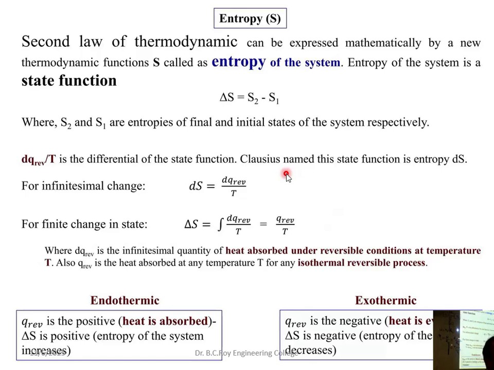Now what is the importance of this law? You can calculate the absolute entropy of a substance at any other temperature, because at 0 temperature it is 0. So at some other temperature, whatever entropy you are getting, one value is 0, so the other value will automatically be absolute. That way you can get it. But it is only possible for a perfectly crystalline solid, not for amorphous materials.